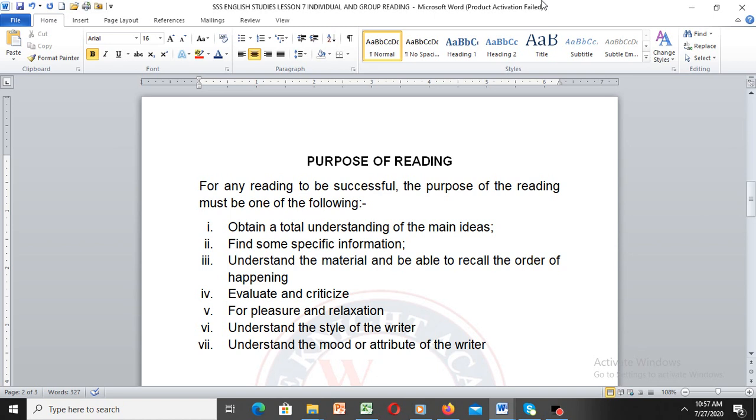And the last but not the least, understand the mood or attribute of the writer. So the person writing, when you pick up a book to read, you have to know under what mood this writer was writing. He was writing when he was happy or when he was not happy and all the rest. Then the attribute of this writer, amusing, is it jovial and all the rest.